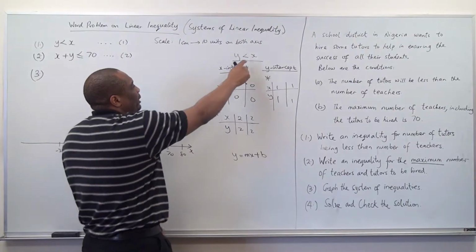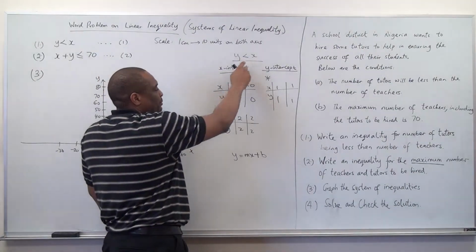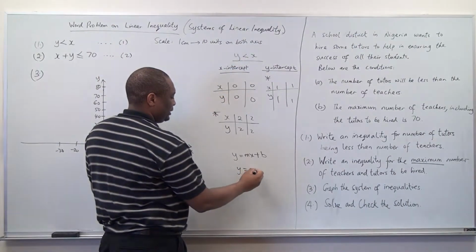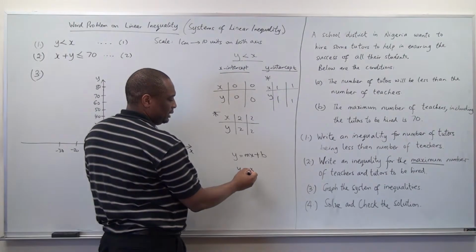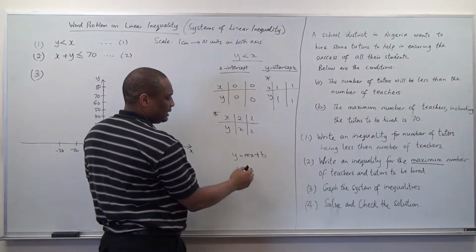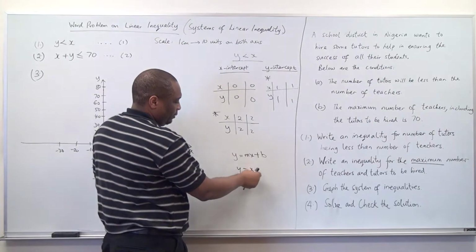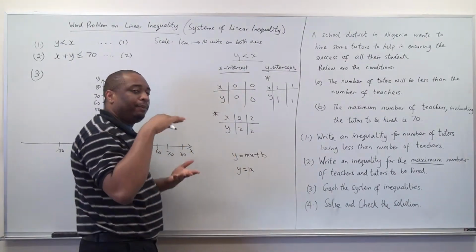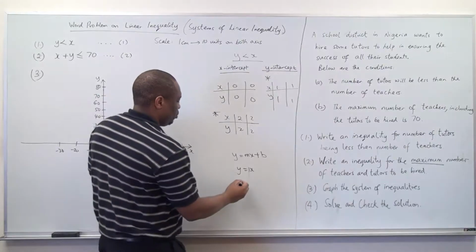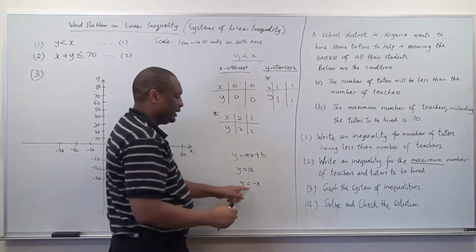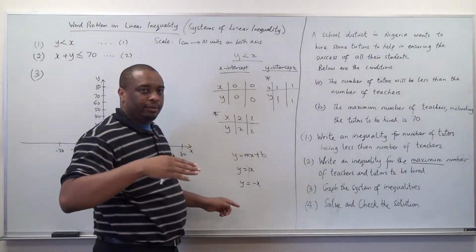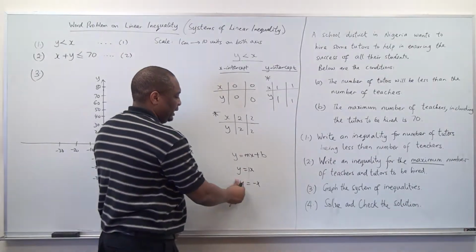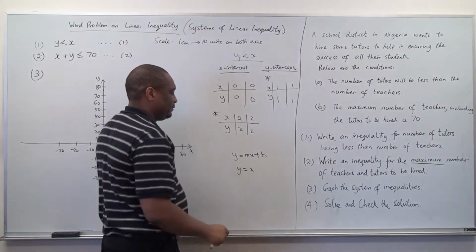If you assume this to be an equation, y equal to x, this means the slope is 1. If we don't put anything here, the slope is 1, so we have a positive slope. If this was y equal to negative x, then it would be a negative slope. But we don't have any negative, so this is a positive slope.